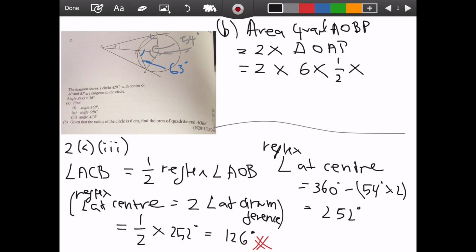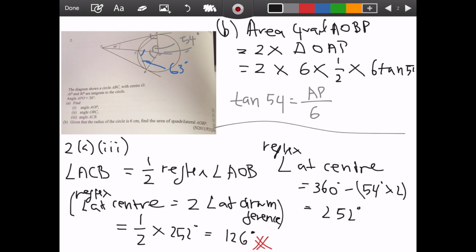So how do we get the base? We can get it using trigonometry: tangent 54 is equal to the opposite, which is the base, in this case AP, divided by the radius, which is 6 cm. So AP equals 6 tangent 54.